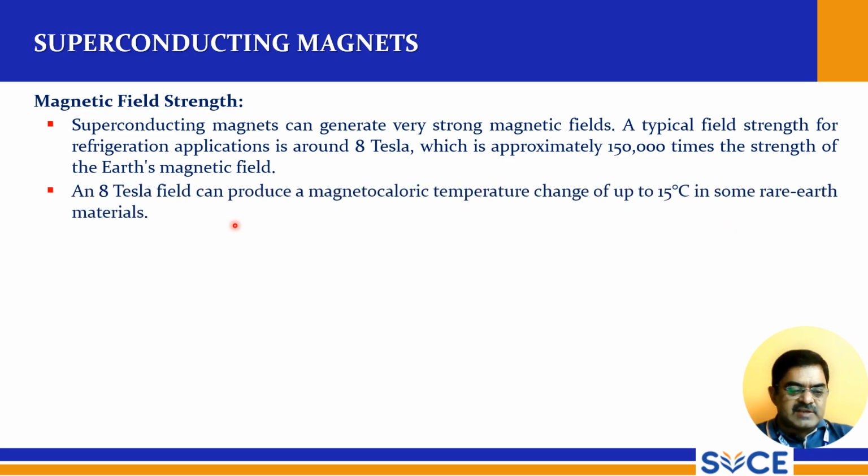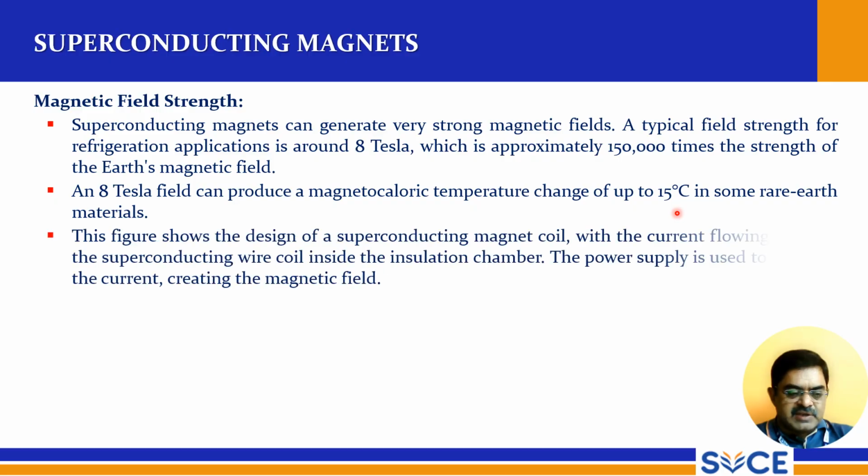So an 8 Tesla field can produce a magnetocaloric temperature change of up to 15 degrees Celsius in some rare earth materials. This figure shows the design of the superconducting magnetic coil, and the current flowing through the superconducting wire coil inside the insulation chamber. The power supply is used to generate the current, creating the magnetic field.